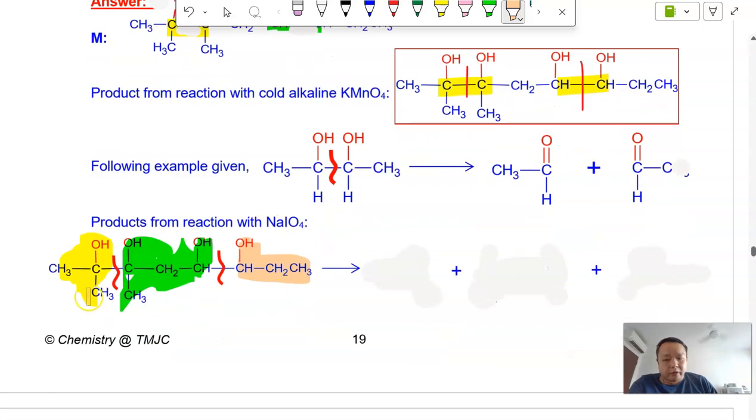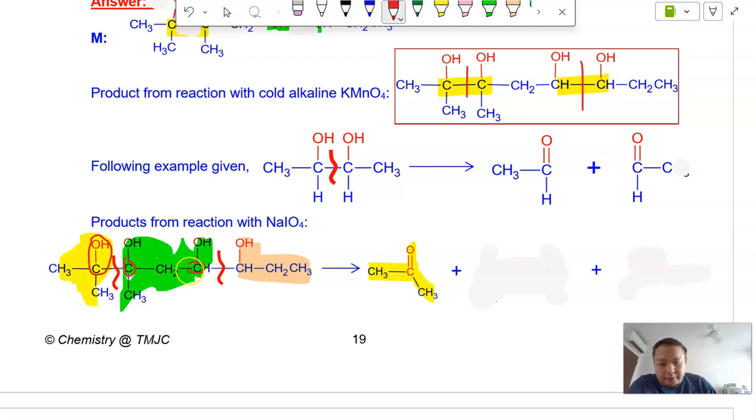So for the yellow fragment, after breaking this bond, this carbon will form a carbonyl compound over here. That's the first fragment. You have a C=O double bond. Alright. And then for the green fragment, again, this particular carbon I'm circling now in red will form a carbonyl compound, C=O.